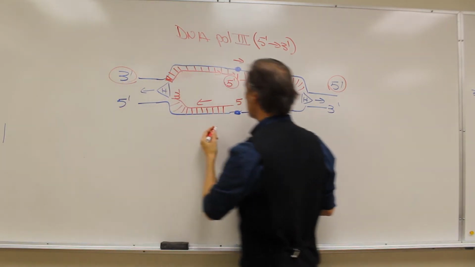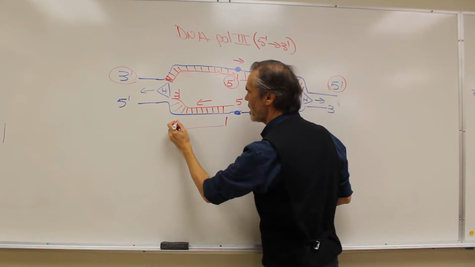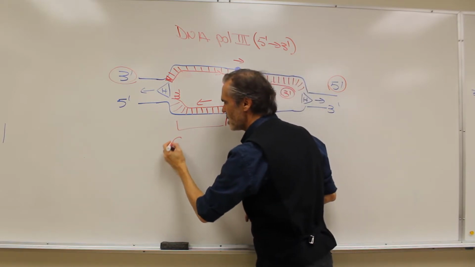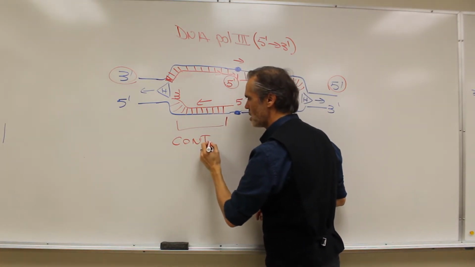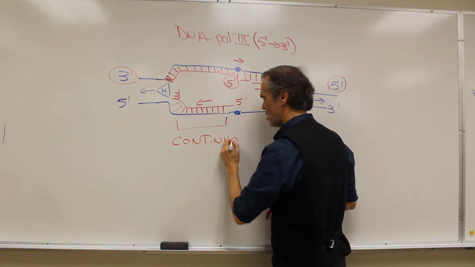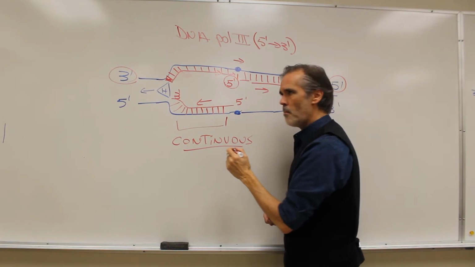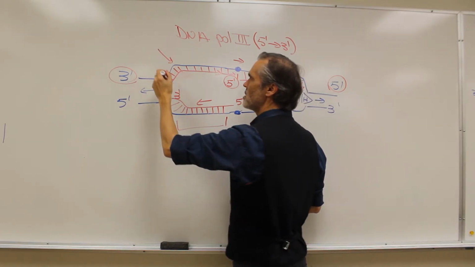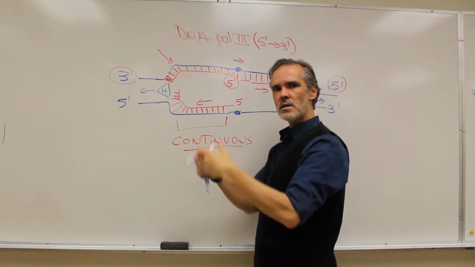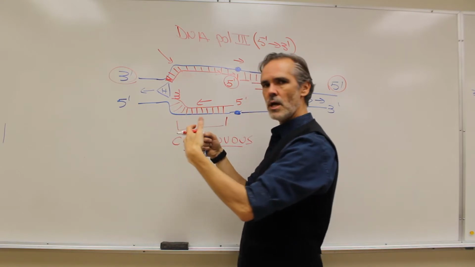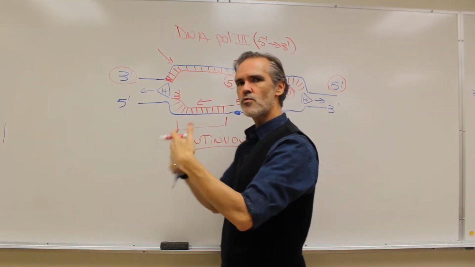So you see that the synthesis here, right here at the bottom, is continuous. It keeps on going, but this part here is always interrupted because it needs to follow the helicase, and it's in the wrong direction.